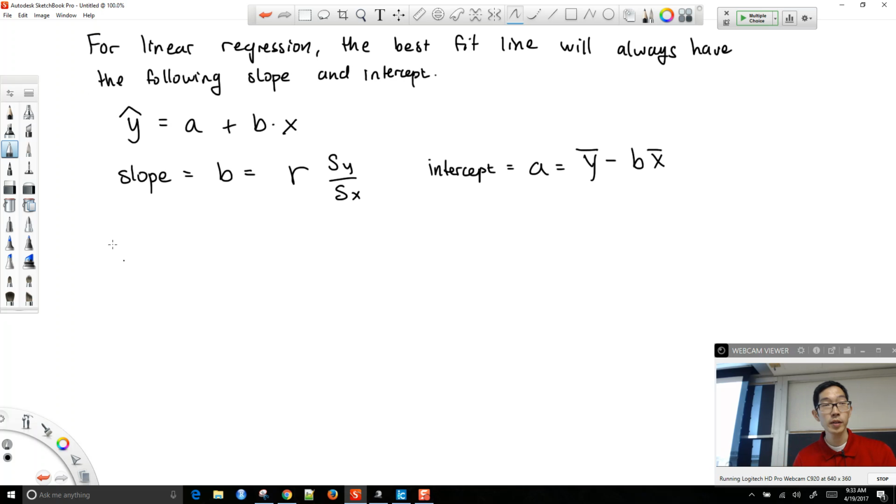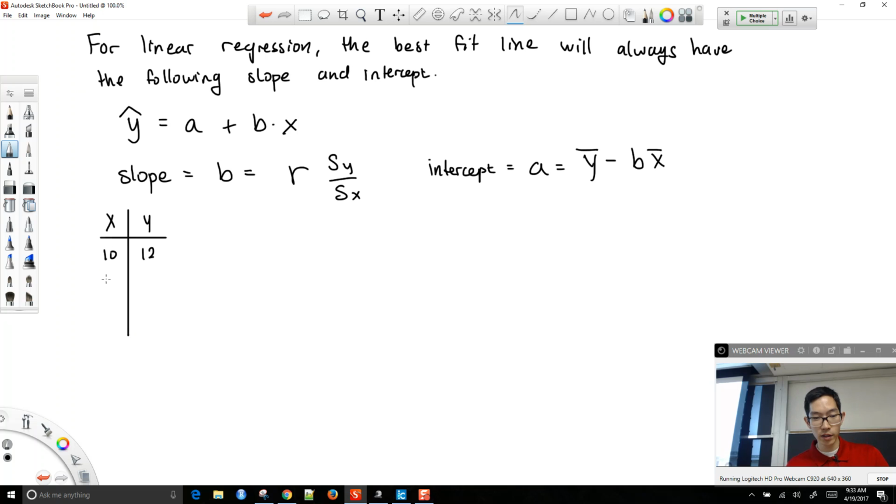So you can imagine having collected x and y values, and you've got 10 and 12, 12 and 15, 9 and 10 or something like this, dot, dot, dot. So x bar is the mean of the x column.